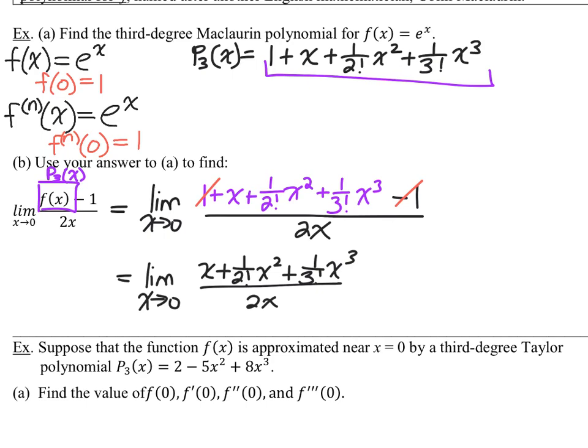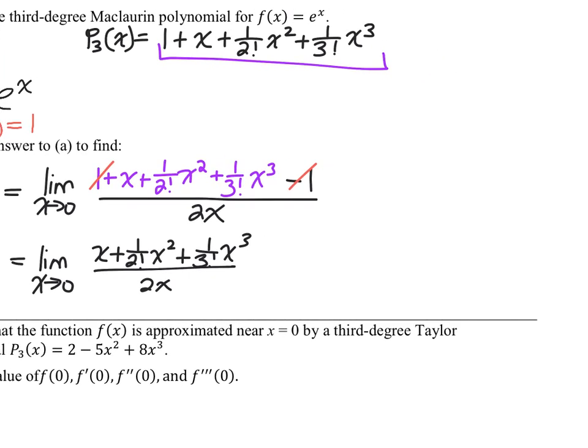It simplifies further, because we're still not out of the woods. If you were to replace all the x's with zeros, it would still be indeterminate. You could still apply L'Hopital's rule, but it's kind of defeating the purpose. Every term is divisible by x, so I'll divide an x out of everything.